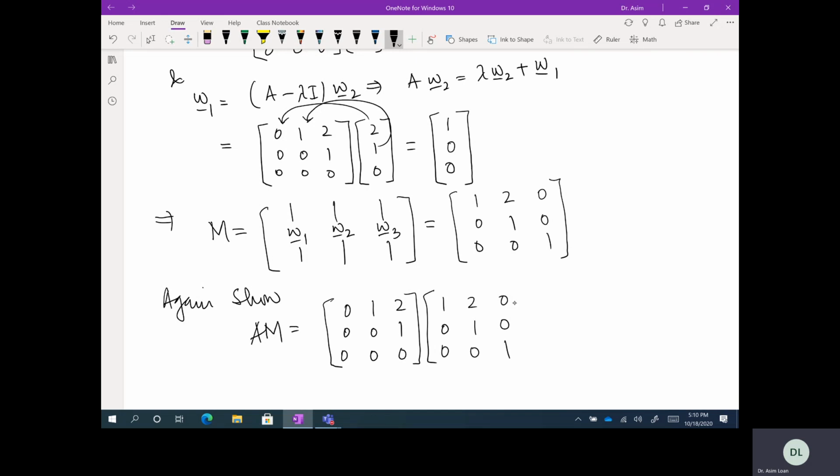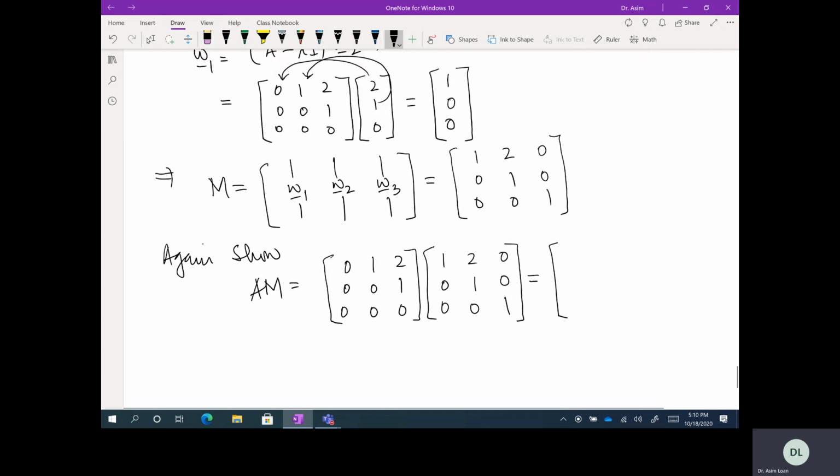This I can do for you because this is much simpler, it is equal to M times J. Now J is what?